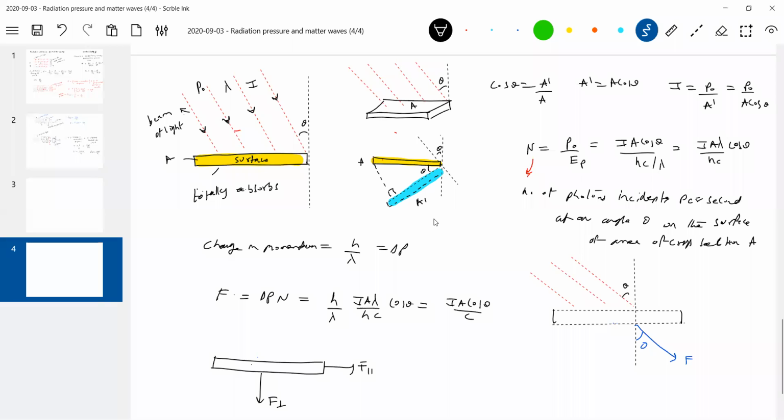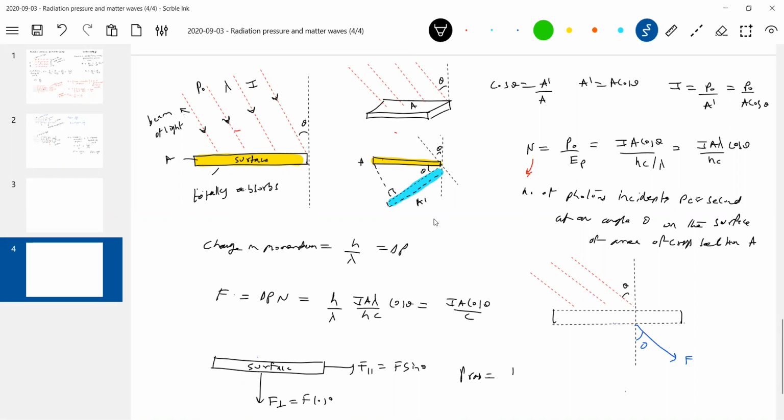Tell me how you define pressure again. This is the surface. We define pressure as normal force per unit area, or just force by area. So what is F perpendicular? F cos theta. And this is F sin theta. So what is the radiation pressure?